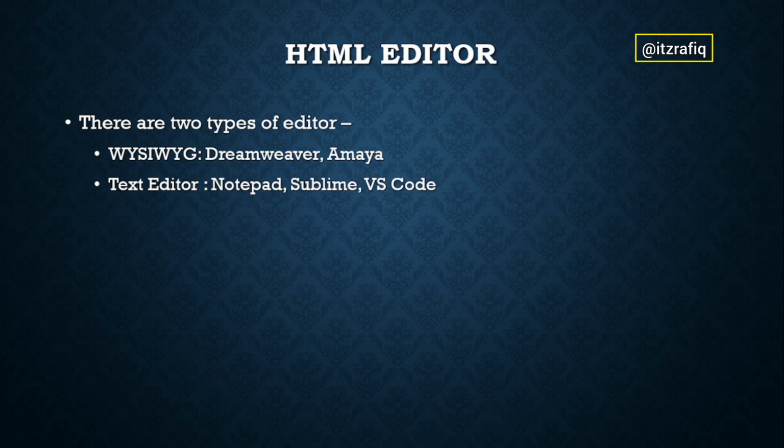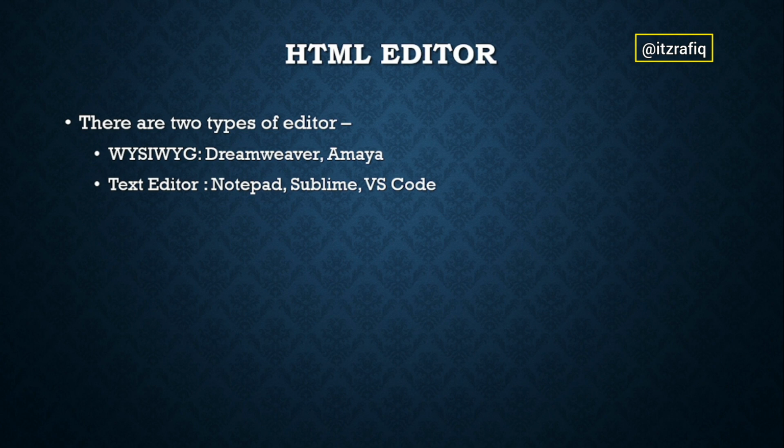So you don't need to know all the codes, and you don't have to write long codes. Just as in a word processing software, you will write your content, and it will be automatically converted to code.